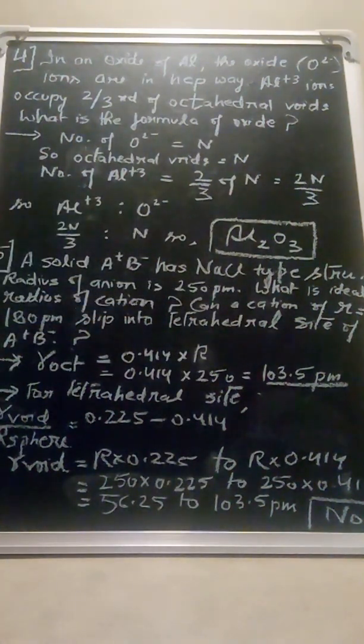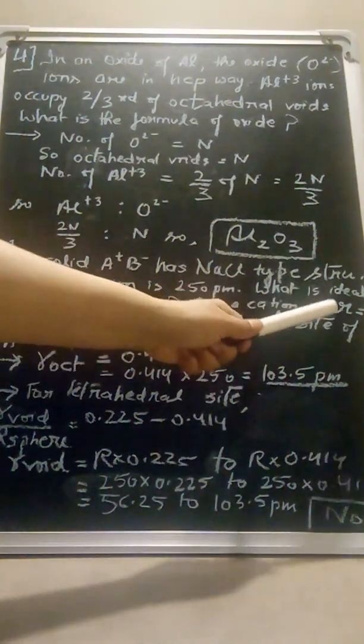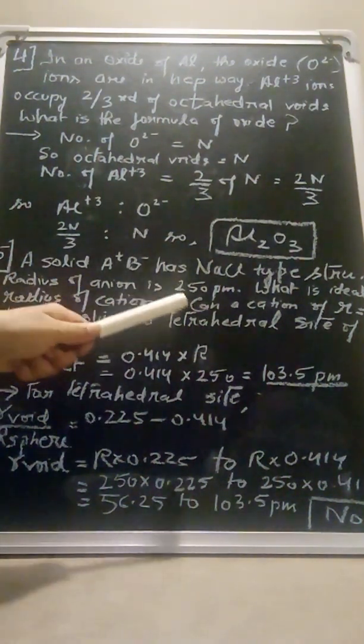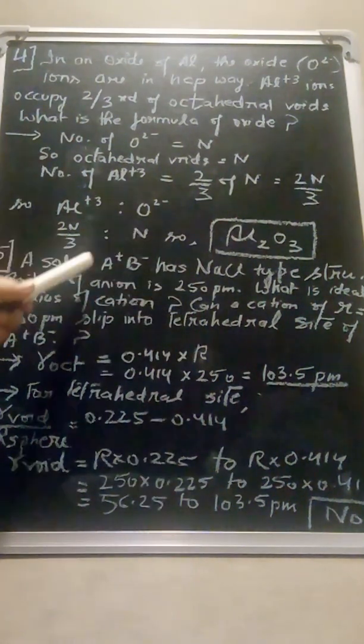The ideal radius of the cation should be 103.5 picometer. Let's come to the second part. They say, can a cation of radius 180 picometer slip into the tetrahedral site of this solid? If a cation has a radius 180 picometer, can it fit itself into the tetrahedral void in this solid?